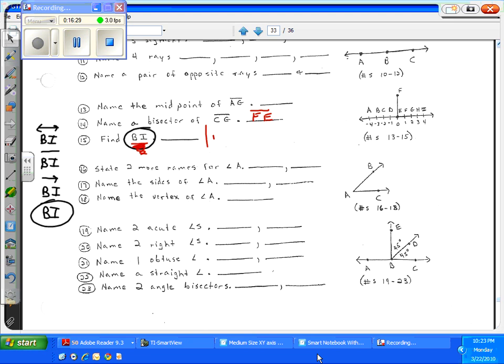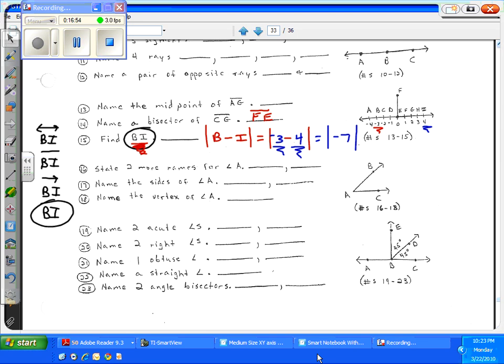The distance between point B and point I would be equal to the absolute value of the difference of the coordinates of B and I. Point B is at -3. Point I is at 4. So we have -3 minus 4. They're both negative.